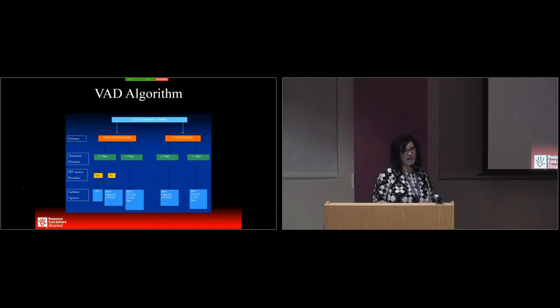At PCH, we have a vascular access device algorithm, and it's actually embedded in the venous access order on the top right. But to help select the appropriate device, you first look at what is infusing into the patient. So are you giving an irritant or a vesicant or not?